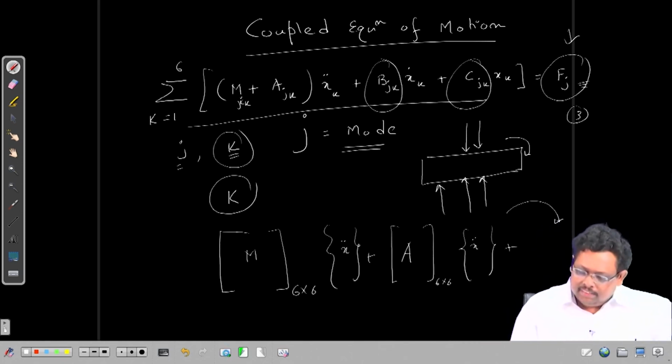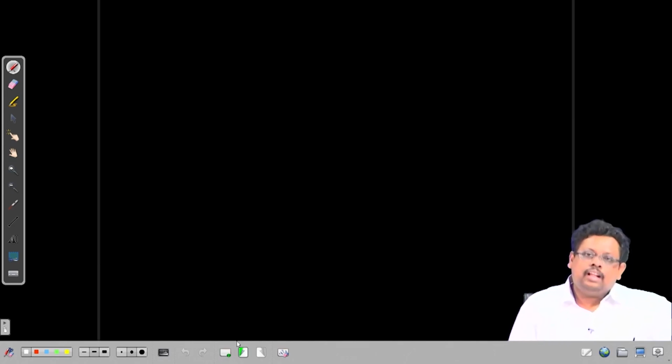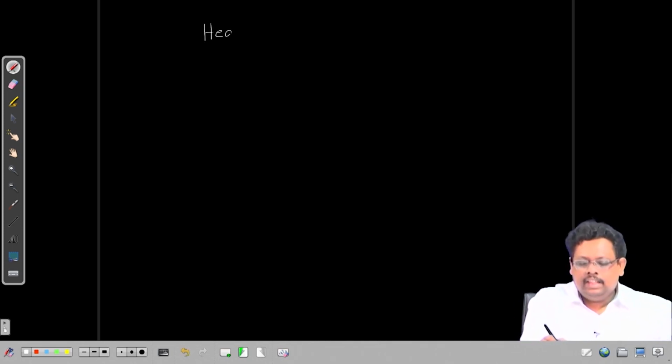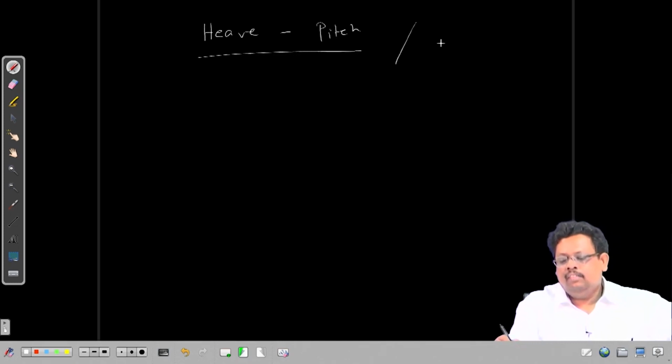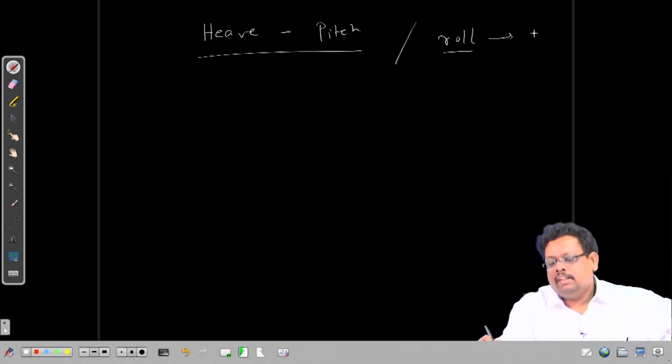Now, the thing is that not all are coupled, right. For example, normally heave is coupled with pitch, that is what we do most, and roll we can consider uncoupled, but roll is mostly coupled with sway.